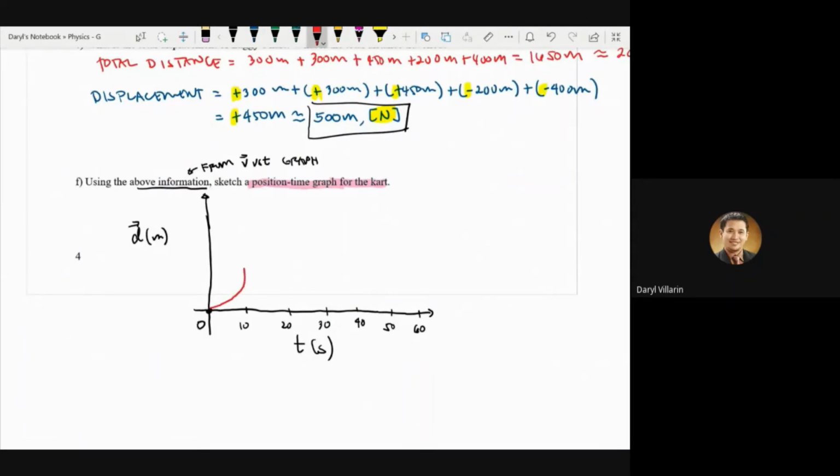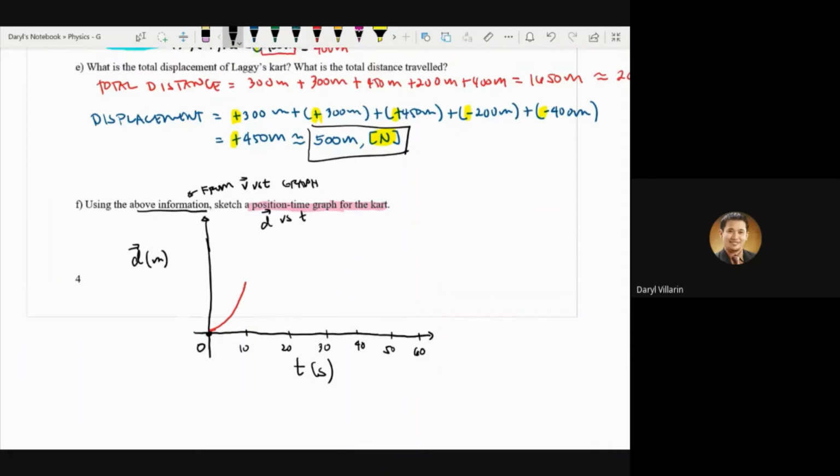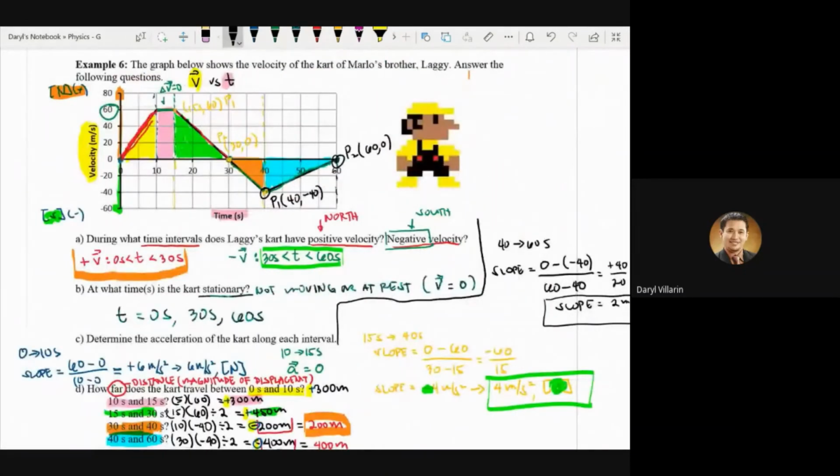Maybe too stiff, but it's no longer a straight line. Remember that in the position-time graph, a straight line means that the velocity is constant. But here, the velocity is changing, the magnitude is increasing.